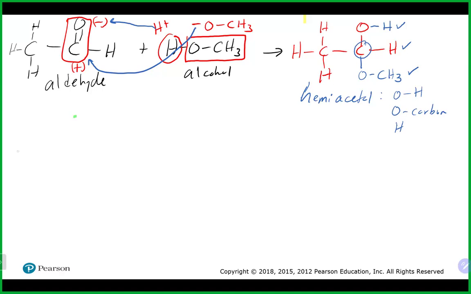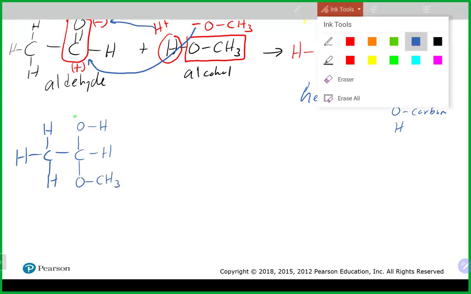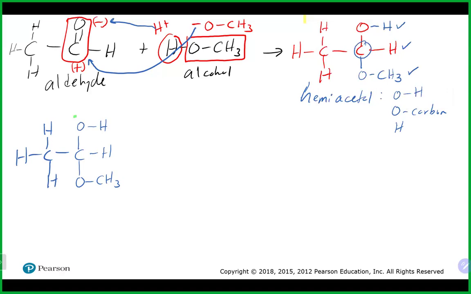Now, this hemiacetal can actually react further by reacting with a second alcohol. It could be the same alcohol or it could be a different alcohol. We'll just use the same alcohol here.